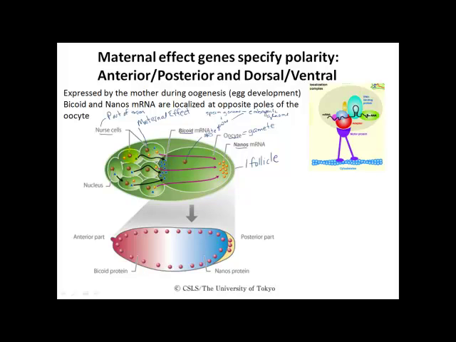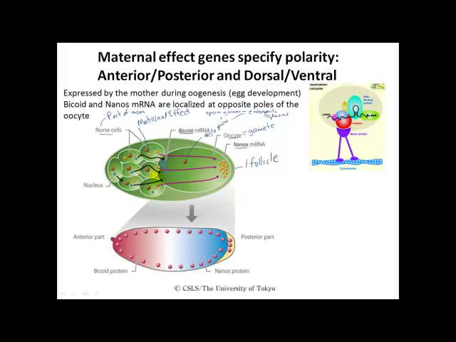A different gene in the genome, the nanos gene, gets expressed within these nurse cell nuclei. That mRNA, which is represented by the little yellow sphere, gets transported into the oocyte likewise, but it gets specifically transported to the opposite end of the oocyte, which is the end that's furthest away from the nurse cells.